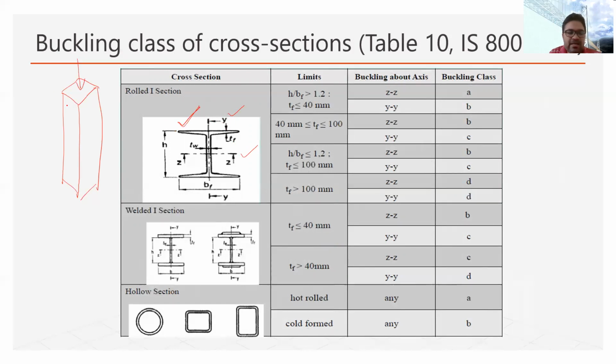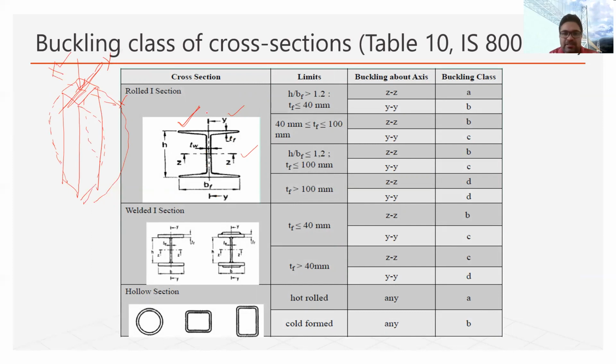If the load is applied like this, say this is the x-axis and this is the y-axis, and it buckles like this, we say that it is buckling along the x-axis. Similarly, if it buckles like this, then we say it is buckling along the y-axis. This is how we classify along which axis a member is buckling.